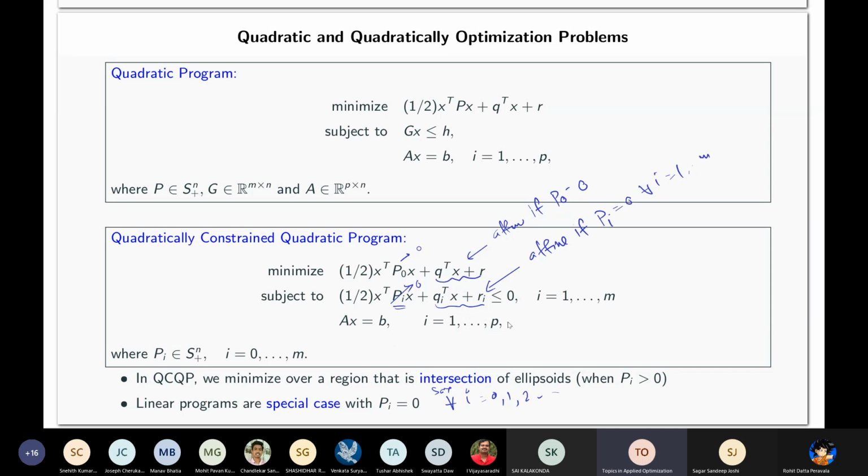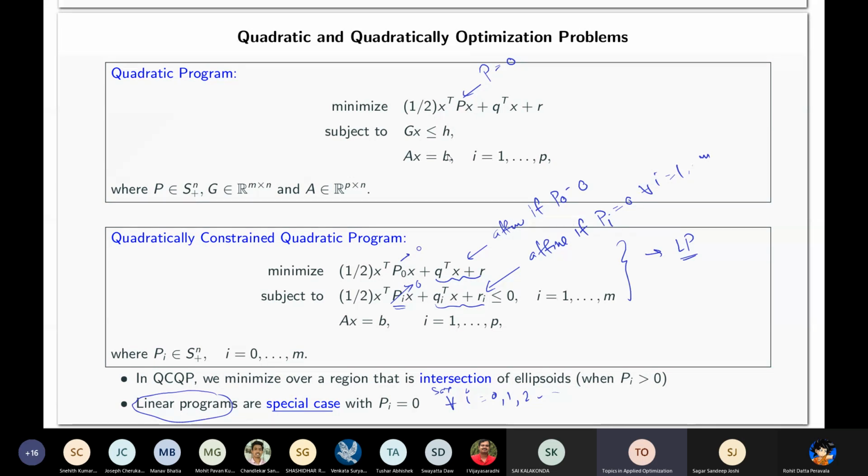So this will boil down to LP. Linear programs are a special case of a QCQP when Pi is 0, or it's also a special case of quadratic, obviously. In this case, just this P is 0, and then it falls back to LP.